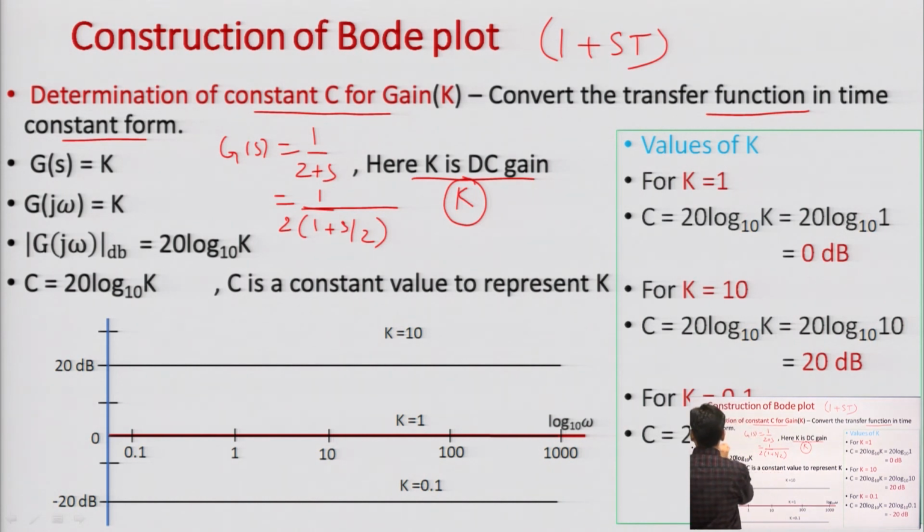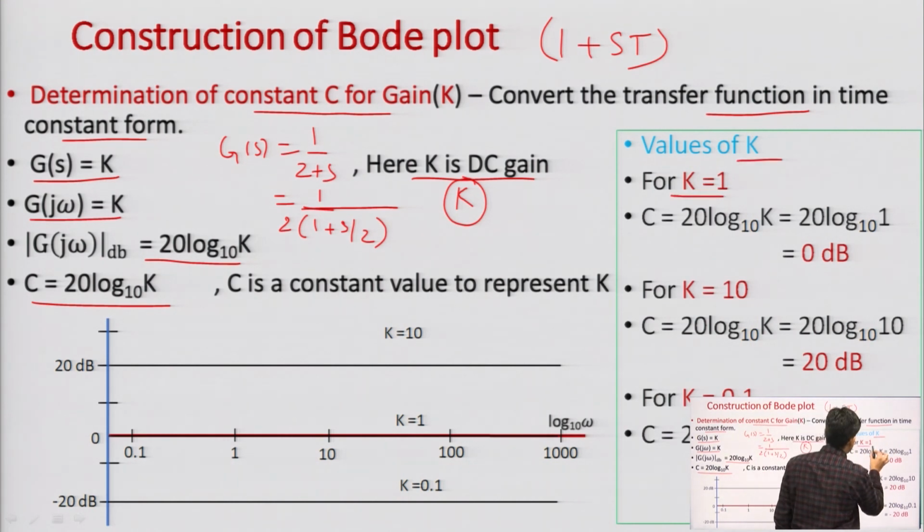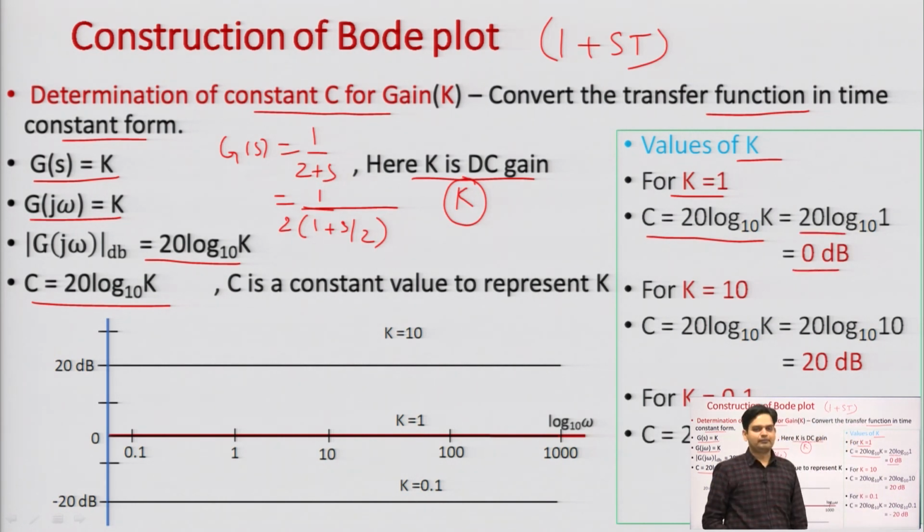Okay. So, suppose G(s) is equal to k only, then G(j omega) equals k, and I would like to plot my magnitude in dB. So, G(j omega) in dB equals 20 log base 10 of k, right. This is the constant C, equal to 20 log k. So, here we will see the various values of k. If k is equal to 1, C equals 20 log 1, which is equal to 0 dB. It means in the magnitude plot I will make a 0 dB line here.